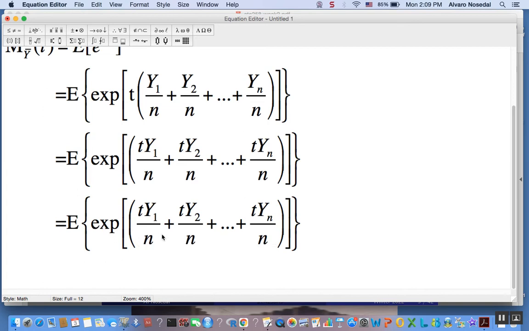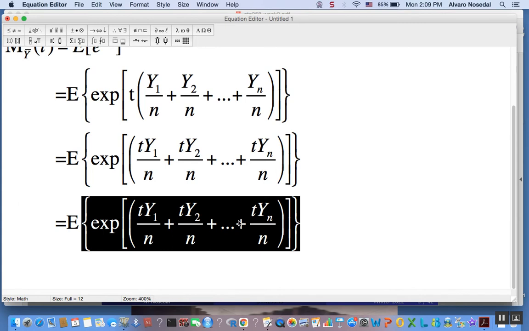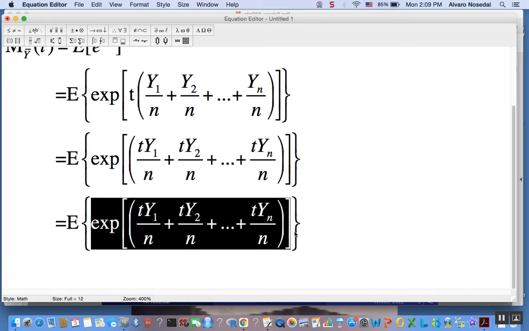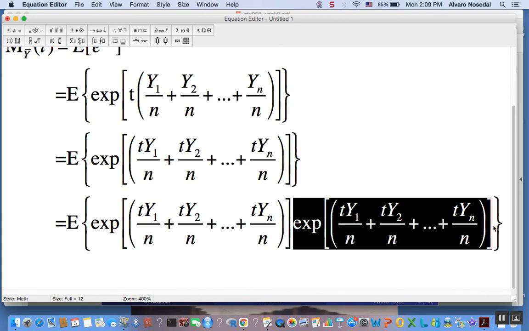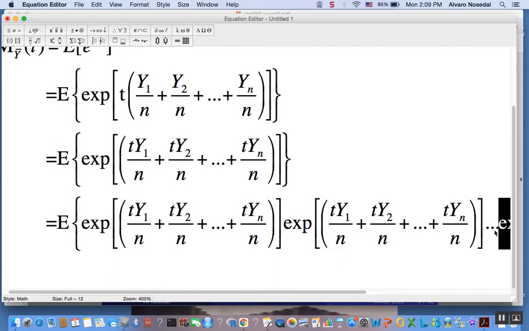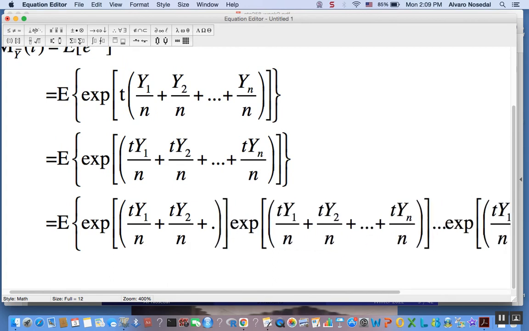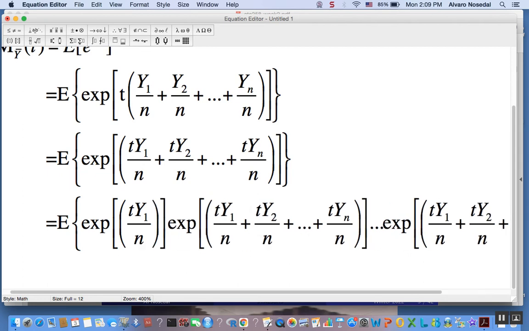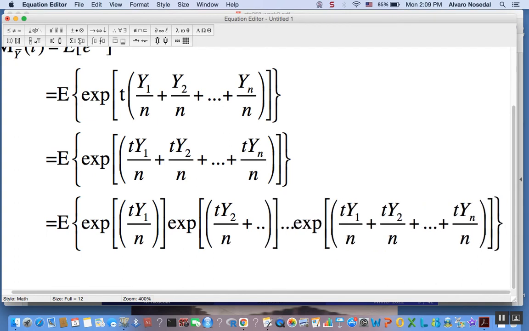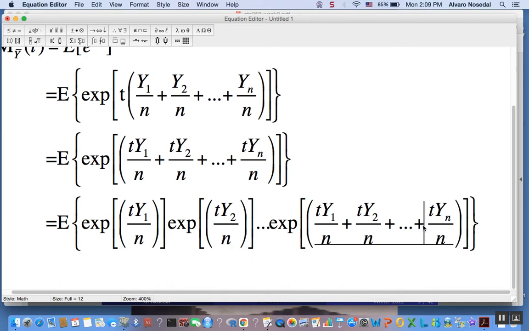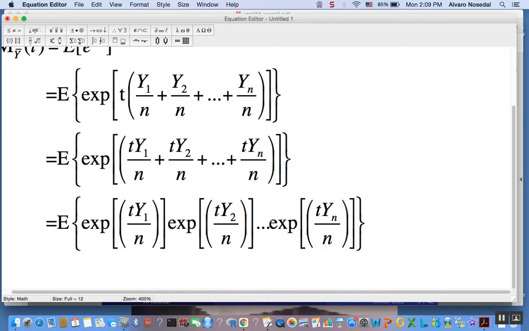So we could re-express that e to the power t times y bar as this, and this e to this exponent is the same as the product of these exponentials. Make sense?